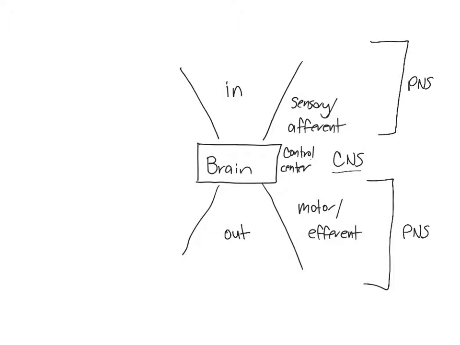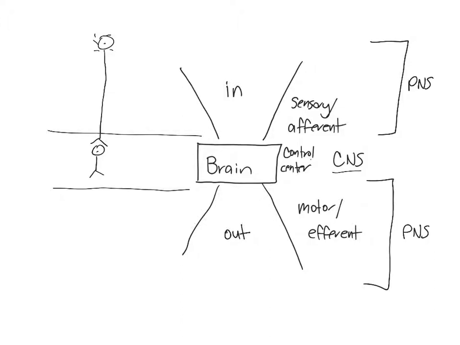If I were going to visually take that one step further, it would look like this. I have sensory or afferent neurons conducting information from the peripheral nervous system to my central nervous system. Once in the central nervous system, I have interneurons that are moving information as the brain is processing what it's received.